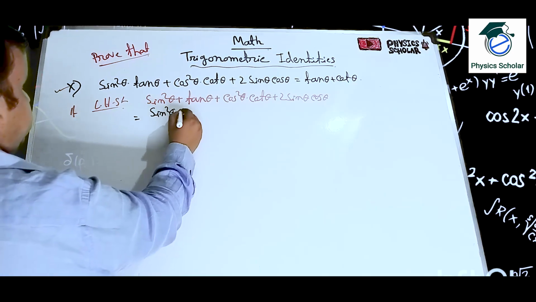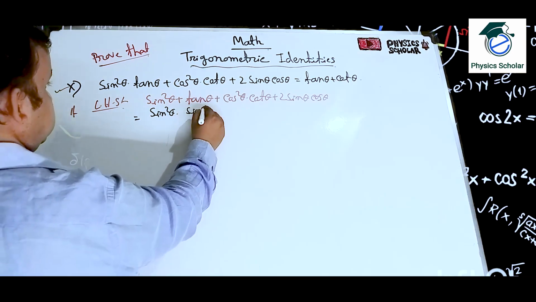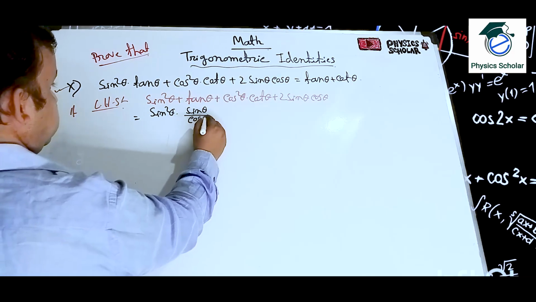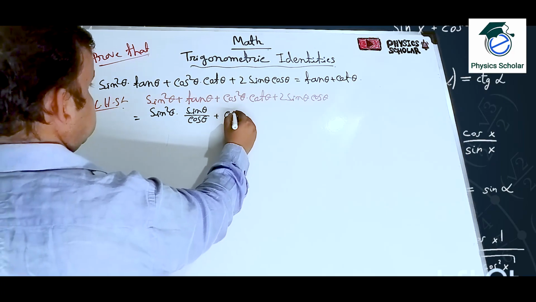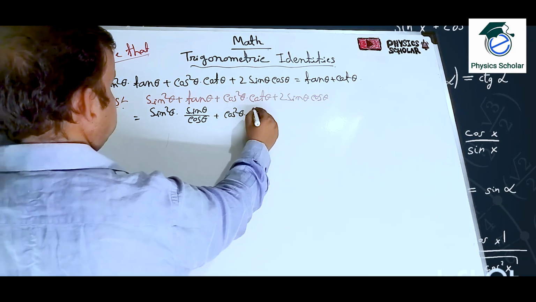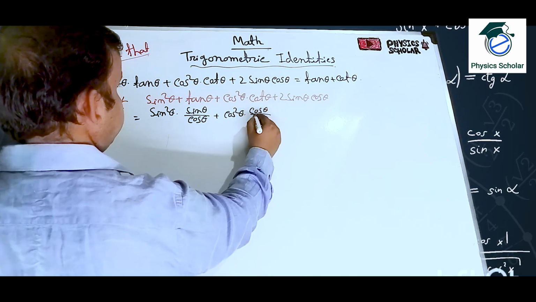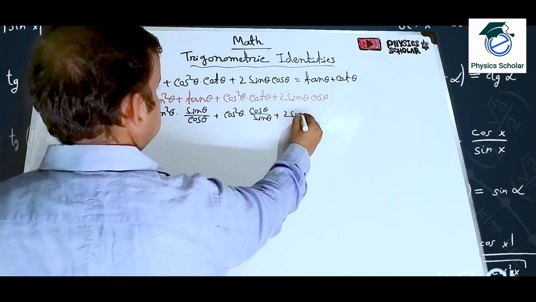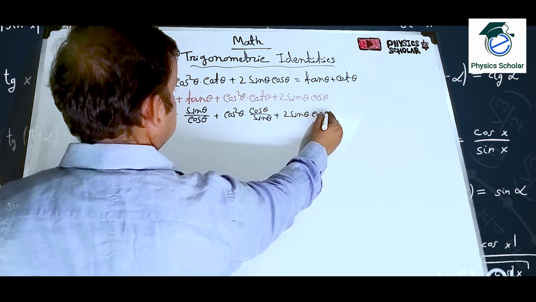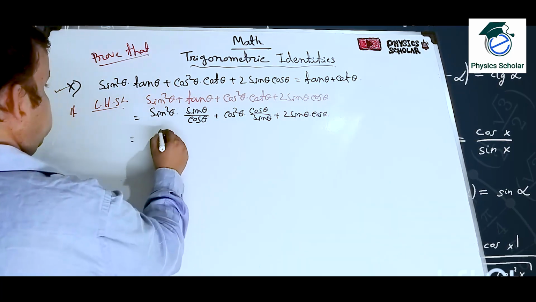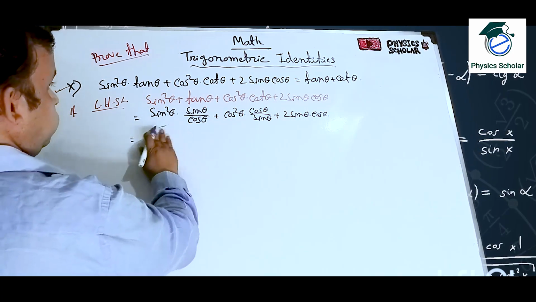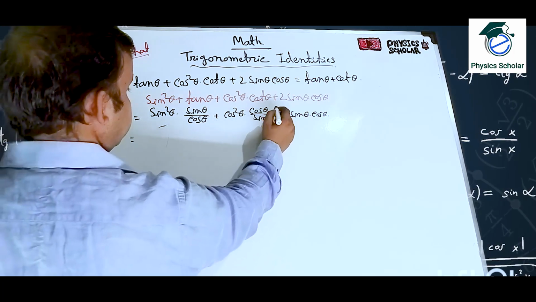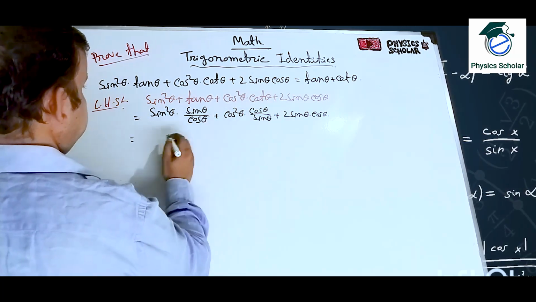Sin square theta into tan theta means sin theta by cos theta, plus cos square theta into cot theta means cos theta by sin theta, plus 2 sin theta into cos theta.